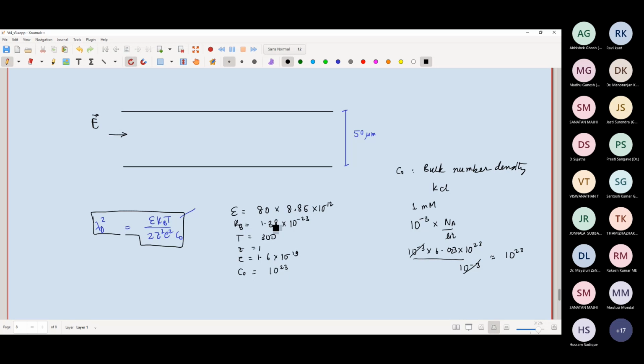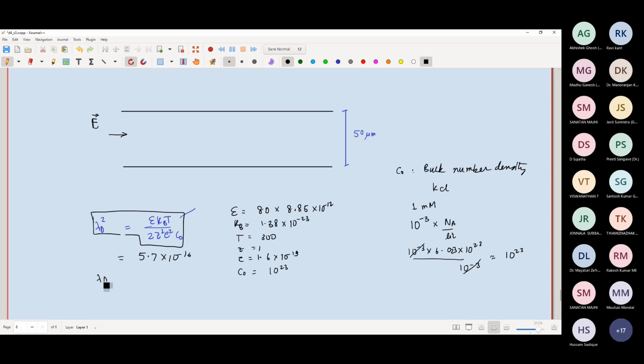So epsilon is 80 times 8.85 E minus 12, into temperature into Boltzmann constant, divided by 2 into z square into E square, times C naught, which is 10 to the power 23. So this term comes out to be 5.7 times 10 to the power minus 16.